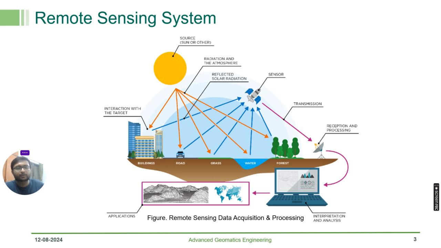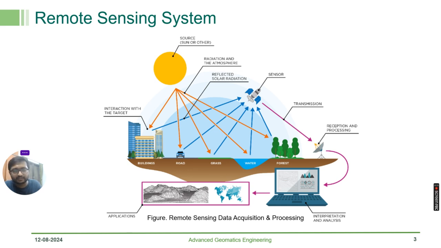So what is optical remote sensing? Optical remote sensing uses the principle of reflected energy. Here you can see there are three different phenomena through which remote sensing can take place. One is the reflection of energy, the second is the scattering of energy, and the third is the emittance of energy, so emitted energy. If we are using the reflected energy, it is known as optical remote sensing.